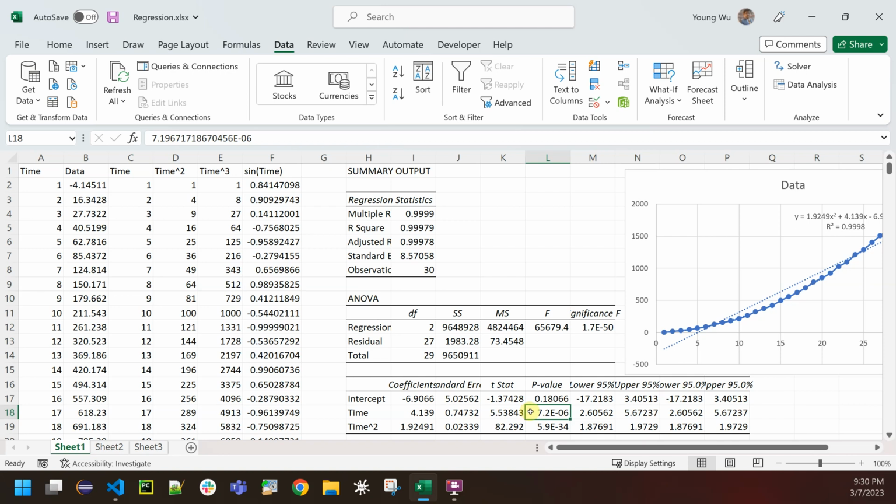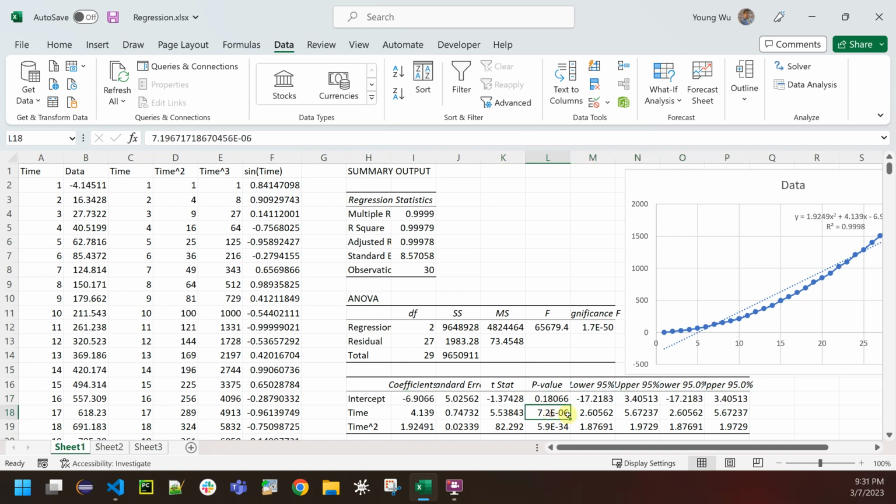So it's very likely that there is both a linear trend and a quadratic trend. That's how to interpret these p-values. Again, we usually use 5%, 0.05, whether it's larger or smaller. And here this number is larger than 0.05, so it's saying it's likely that there's no intercept. But again, we don't want to interpret the intercept, so we don't care about the first row.